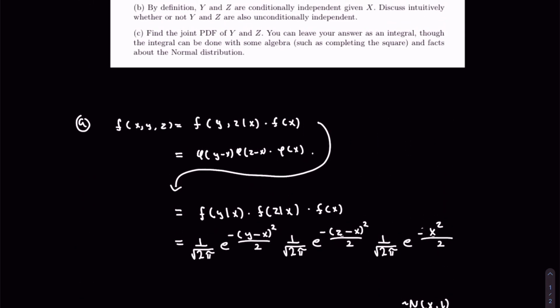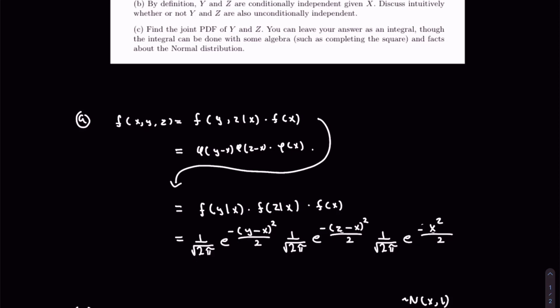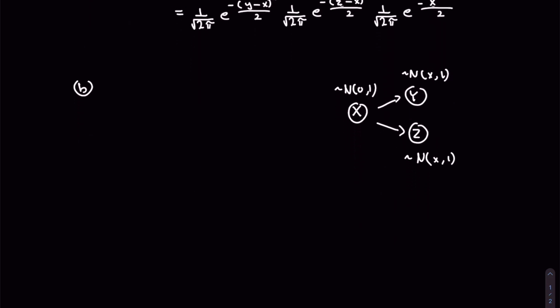In the third part of the question, we're asked to find the joint PDF of y and z. And here we can just leave this as an integral. We don't have to calculate what the value is.